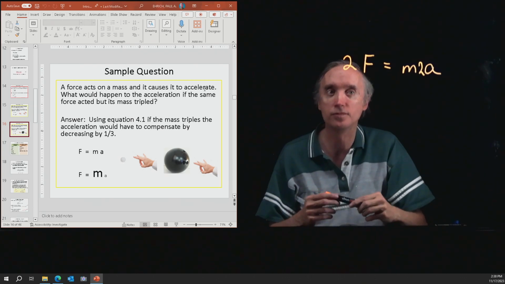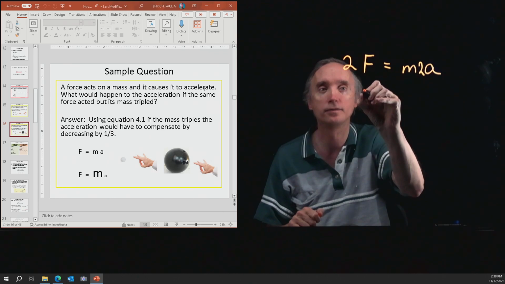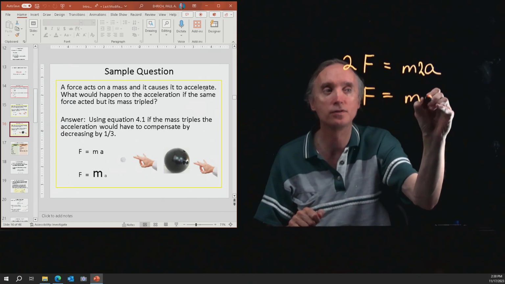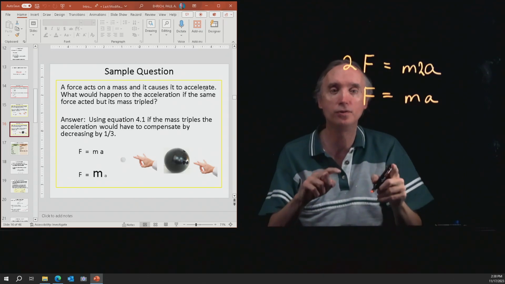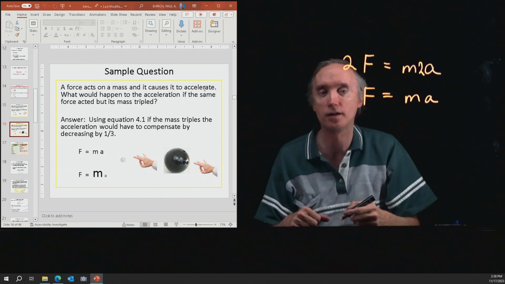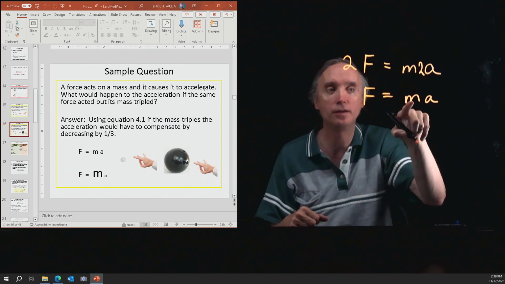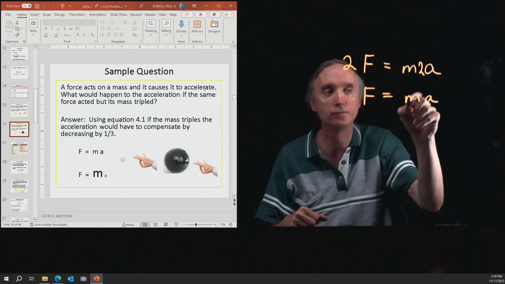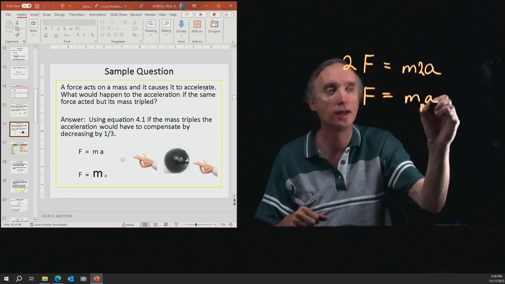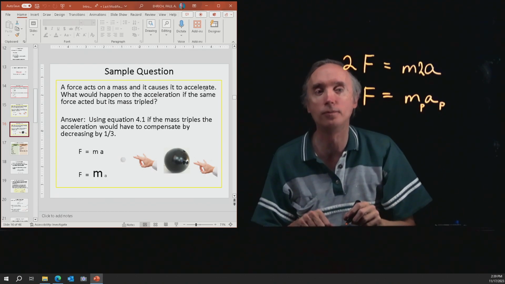So the question is why? Again, we're going to use the equation here that the force is going to cause a mass to accelerate. But what we can do is write the equation two different times. So this one here could be the ping pong ball. So I could put a small m for the ping pong ball, and I could put a small a for the acceleration of the ping pong ball.